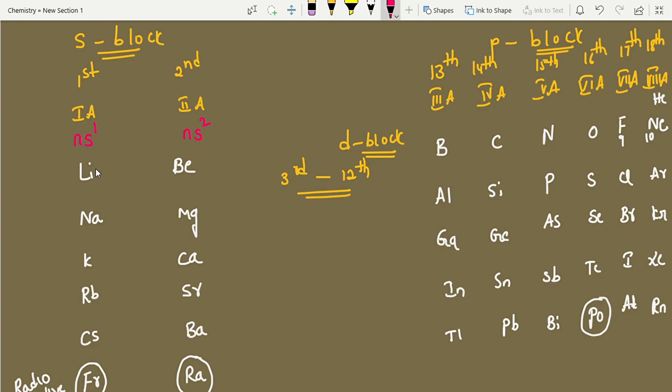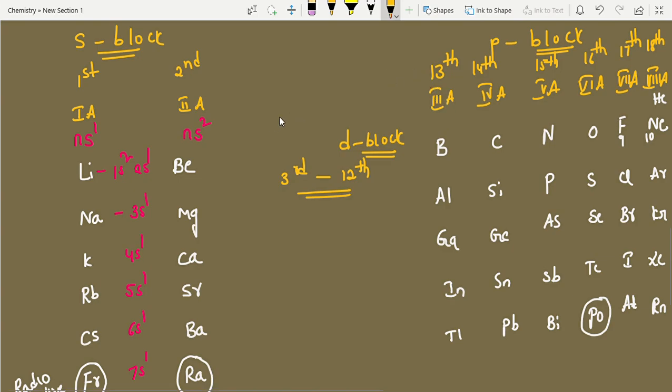According to this, if you write lithium, you get 1s2, 2s1. The next one, 3s1, then 4s1, 5s1, 6s1, 7s1, like this. If you need to learn more about electronic configuration, I have uploaded videos also. Just check them.